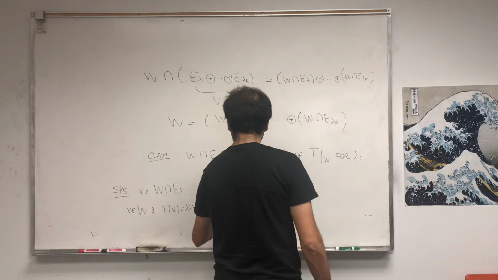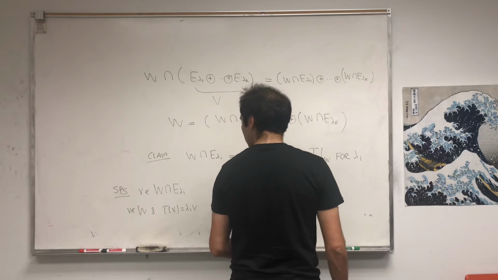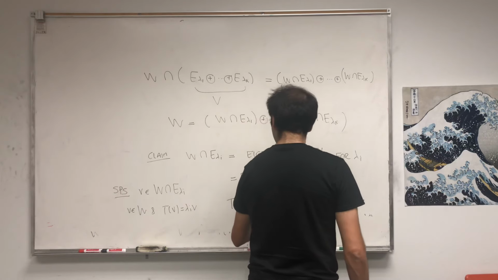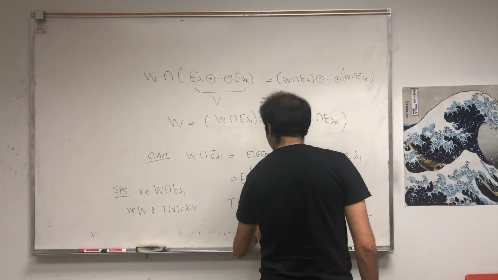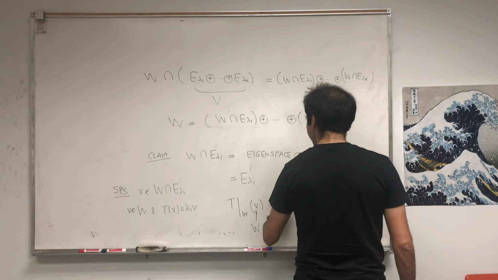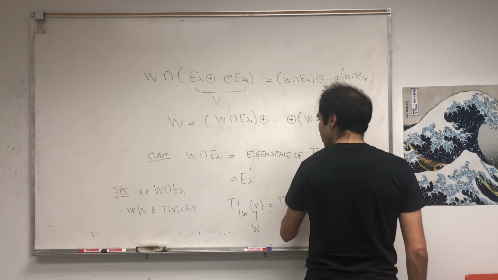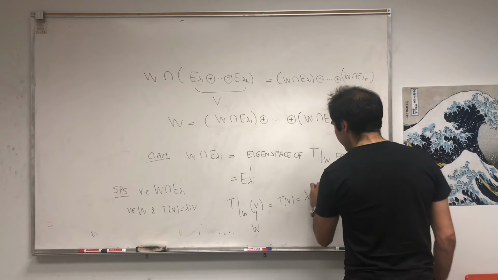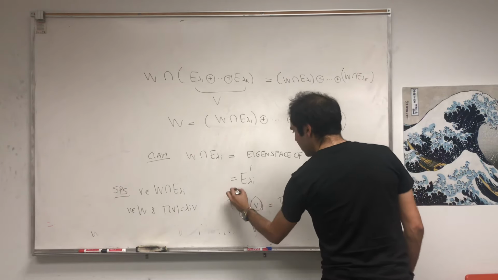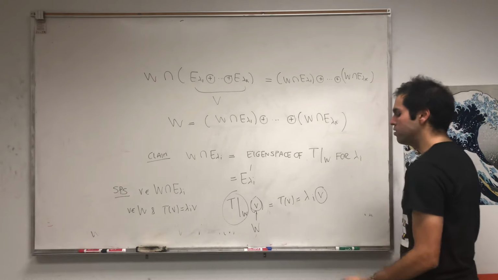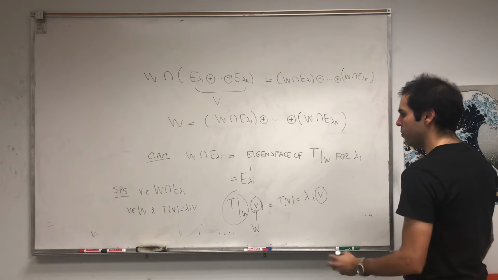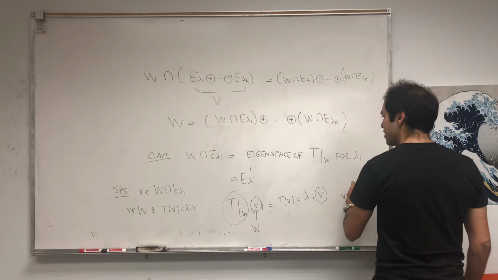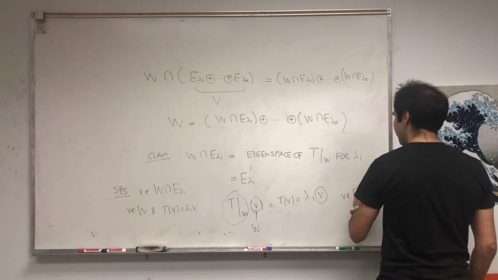T restricted to W of V, well, because V is in W, this is just T of V, and we get that it's lambda i V. So in other words, V is an eigenvector corresponding to T restricted to W. So V is in the second eigenspace.